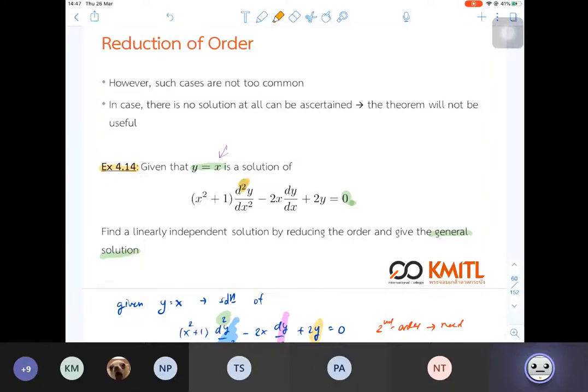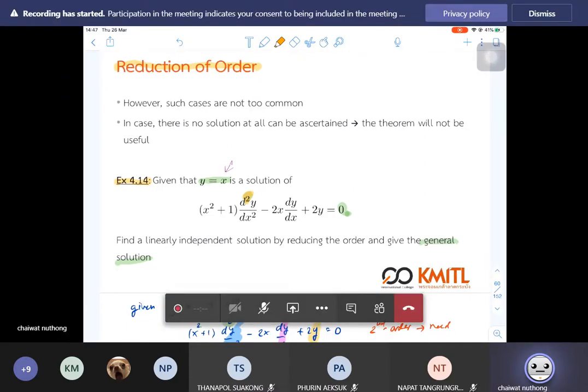Recapping from last lecture. Last time we talked about reduction of order. It simply said that if you have one solution to a differential equation, then you need to find just the other n-1 solutions.